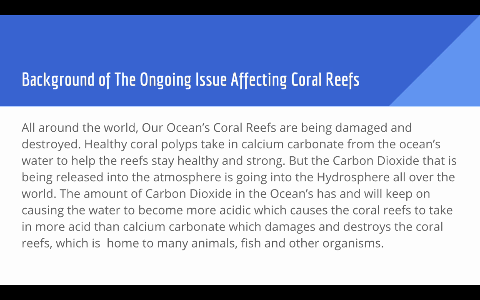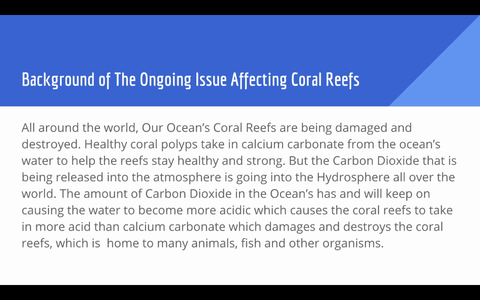So, background of the ongoing issue affecting coral reefs. All around the world, our oceans' coral reefs are being damaged and destroyed. Healthy coral polyps take in calcium carbonate from the ocean's water to help the reef stay healthy and strong. But the carbon dioxide that is being released into the atmosphere is going into the hydrosphere all over the world.